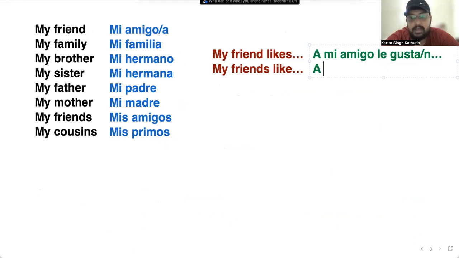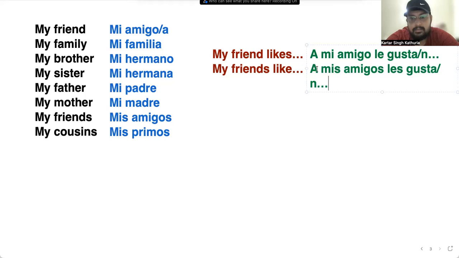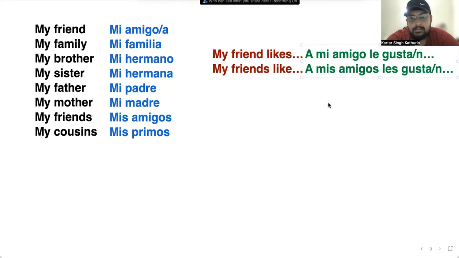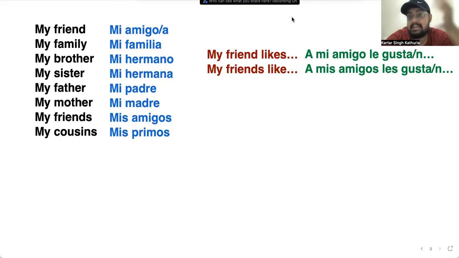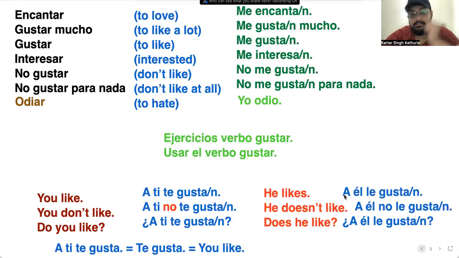And now my friends, a mis amigos les gusta gustan. Right? So why here mis amigos les? Because that's third person plural, like they. And my friend likes is like he likes. That's why. So this is important.